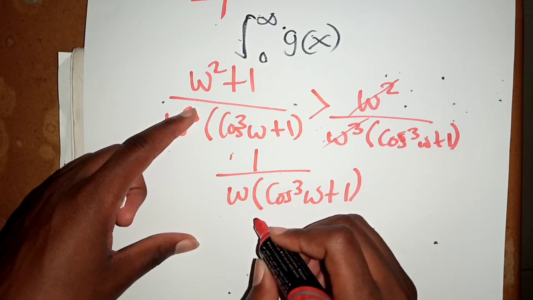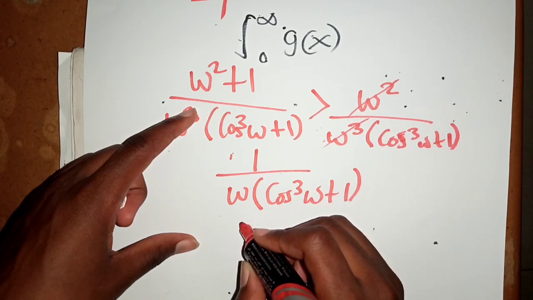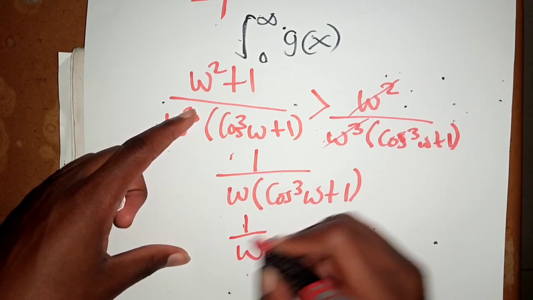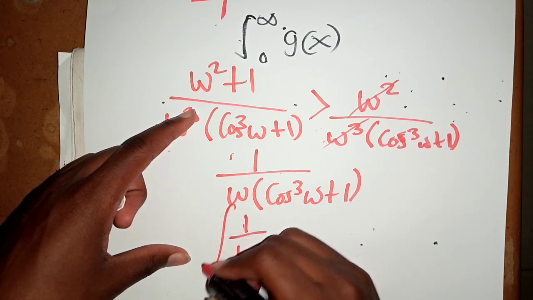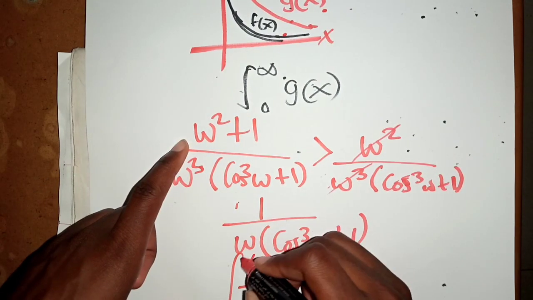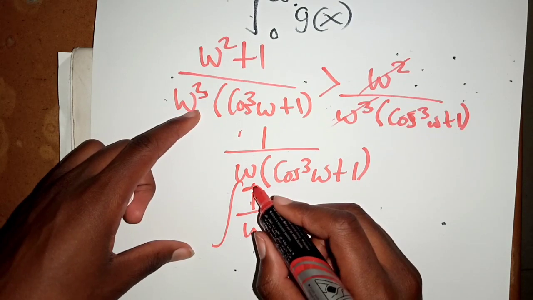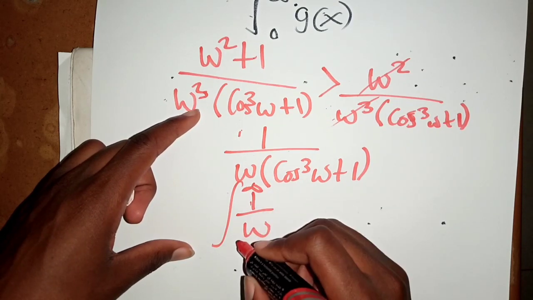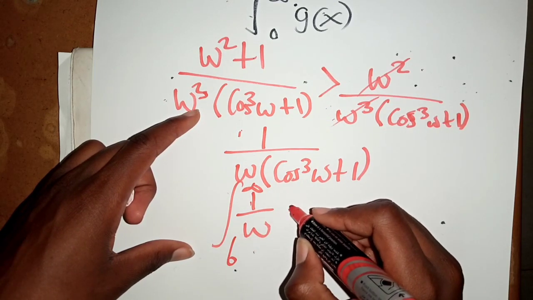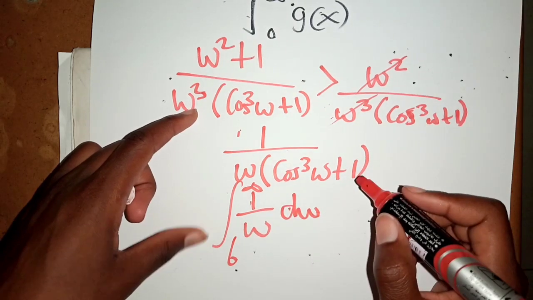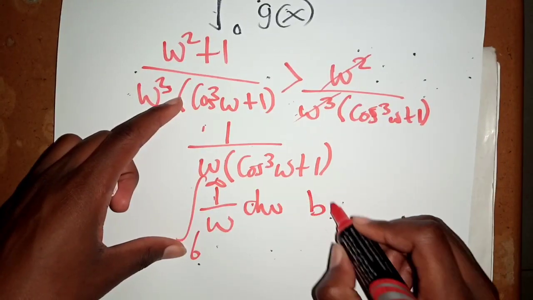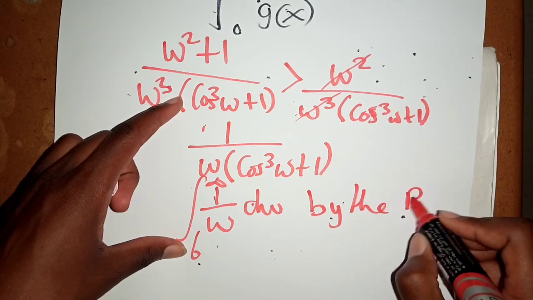We are going to say 1 over w, the integral. We are being given the integral with upper bound infinity and lower bound 6, and this one is dw.